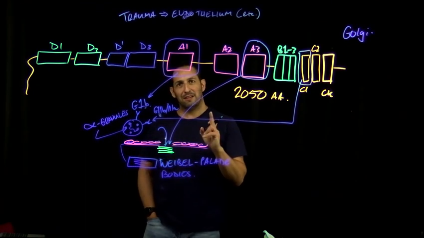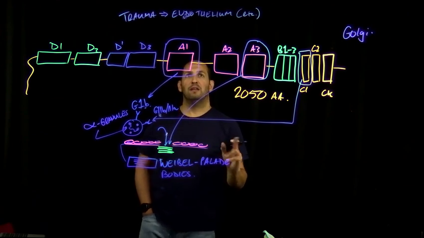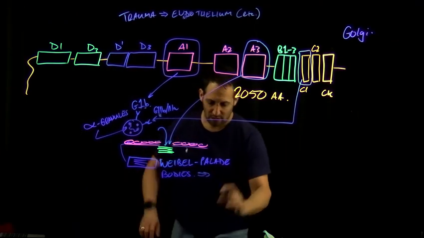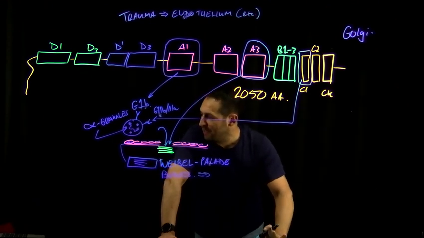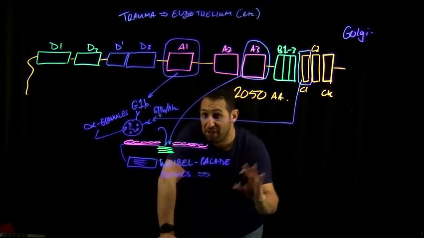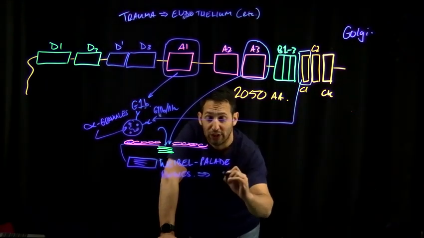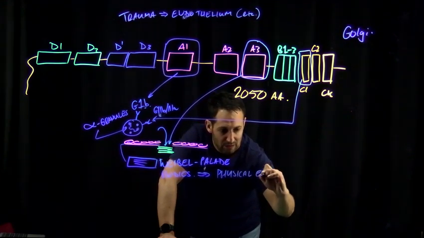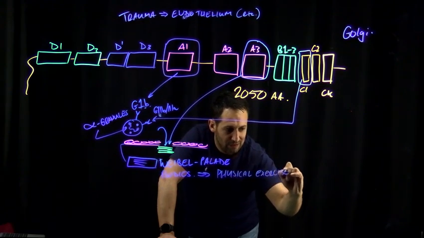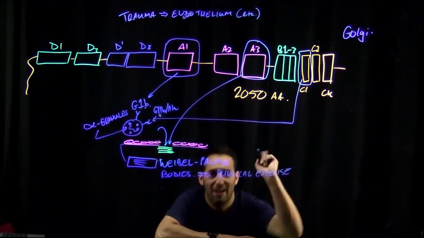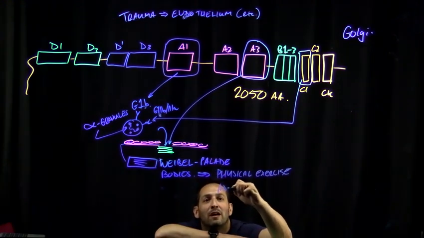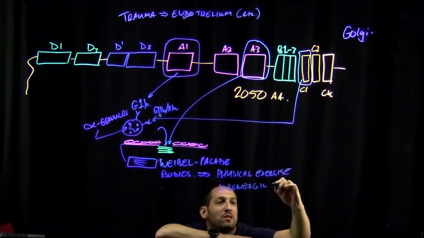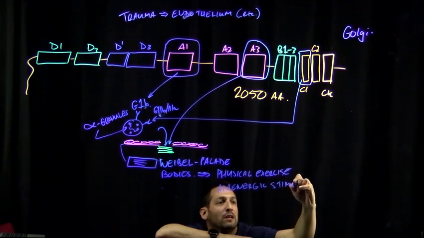But something else happens as well. From the Weibel-Palade bodies, these guys can release von Willebrand factor in response to various different stimuli, one of which is physical exercise, and another one is adrenergic stimulation.